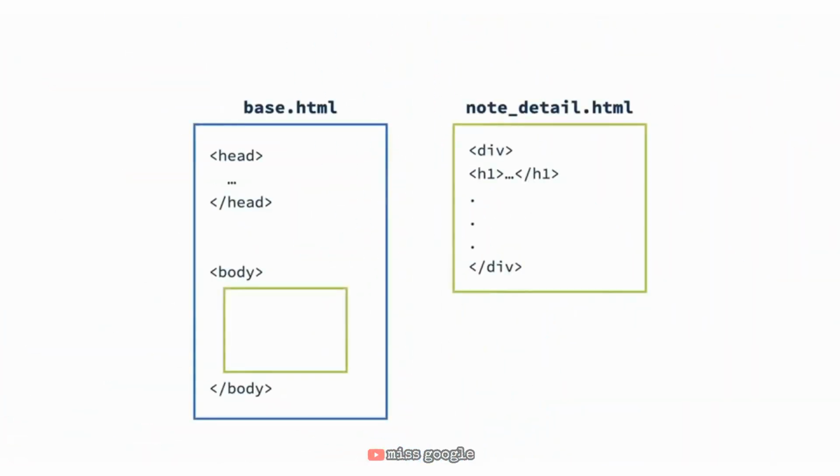Let's take a minute to understand what's going on here. With this syntax, we can define the basics of our HTML in our base.html template, and then we create each web page as a separate template that extends the base. So we will build each template separately with just the small parts, and then inject them into the base template, where we can have all our default configurations such as the CSS files and the JavaScripts.